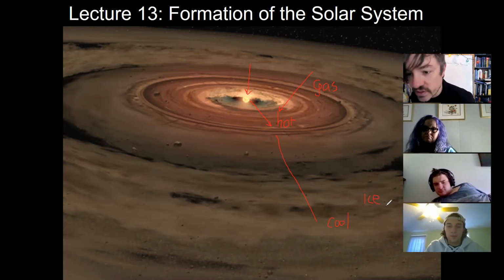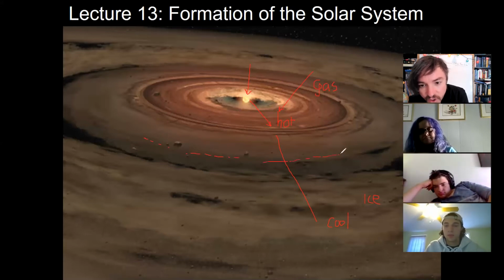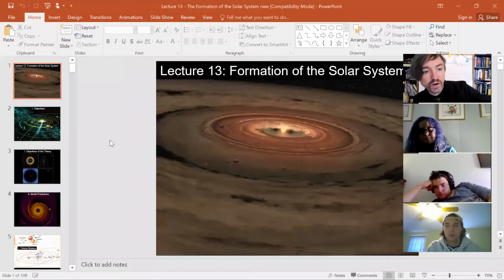Remember that there is no such thing as a liquid in outer space, because you cannot have liquids without surface pressure or atmospheric pressure. So at some point, there should be this invisible, dotted boundary where water would go from a gas and deposit into an ice. This idea is called the frost line.